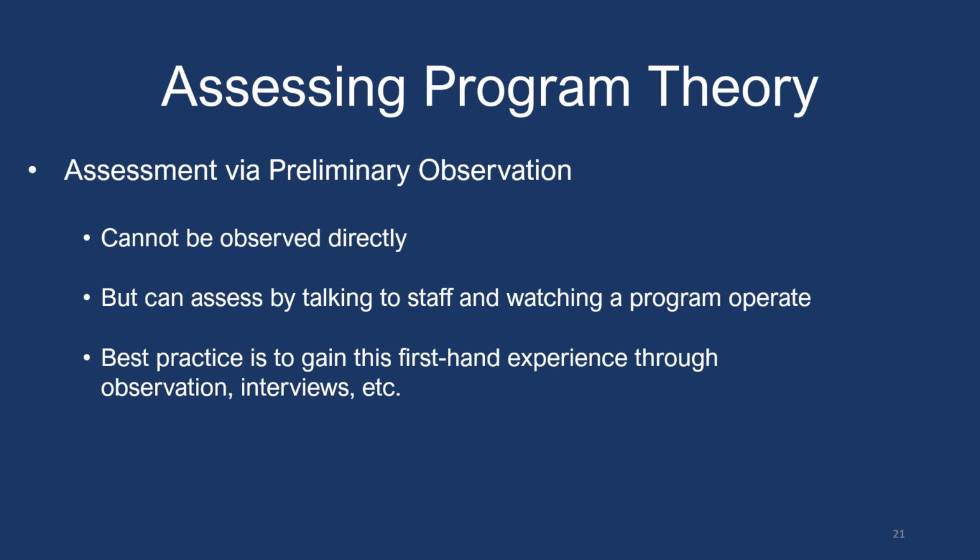Remembering the scope of what you're assessing here is important. If you start to assess how well the program is aligning to its intentions, how well the implementation is going, then you're getting into other types of evaluations, which we're going to discuss later in the course. For the purpose of assessing the program theory, you are aiming to simply see whether the program's intentions, processes, and goals are realistic.